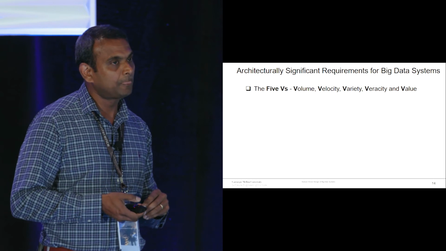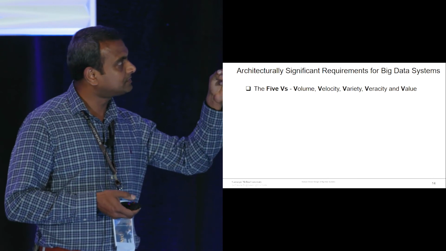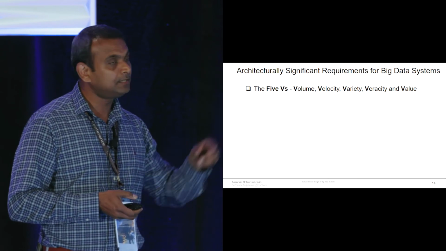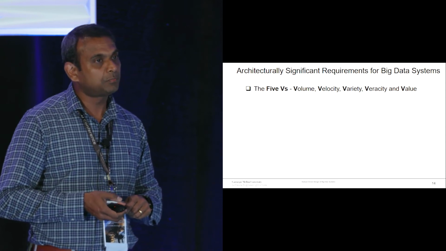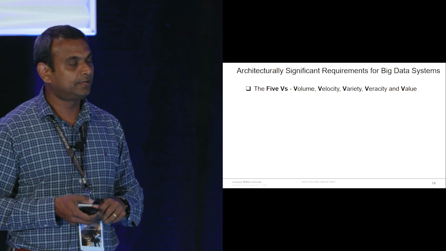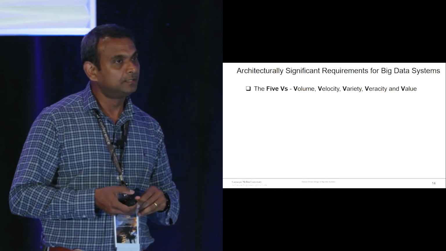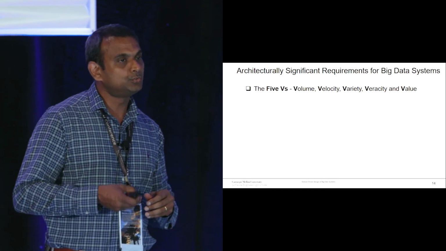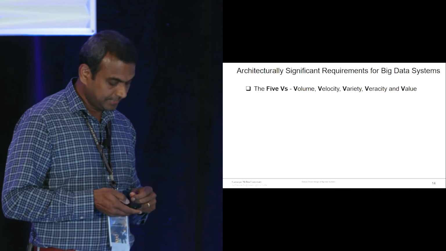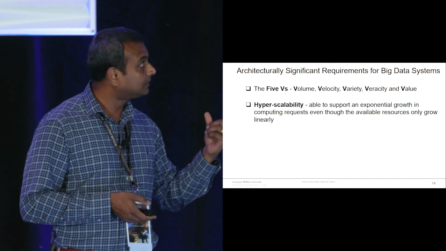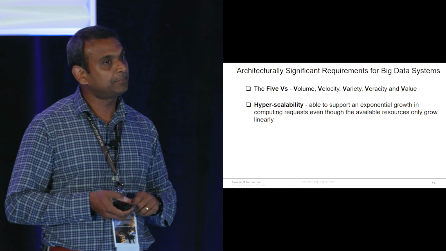For example, velocity and variety are the properties which spawned the development of the NoSQL database. These properties create new technologies.